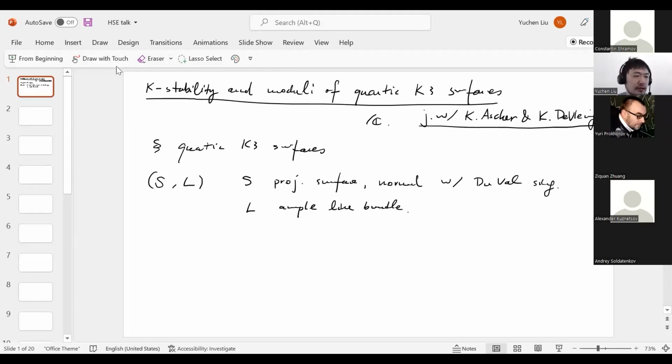So the K3 condition corresponds to the canonical bundle being trivial, and then the first cohomology of the structure sheaf also vanishes. So we call such a pair a polarized K3 surface.